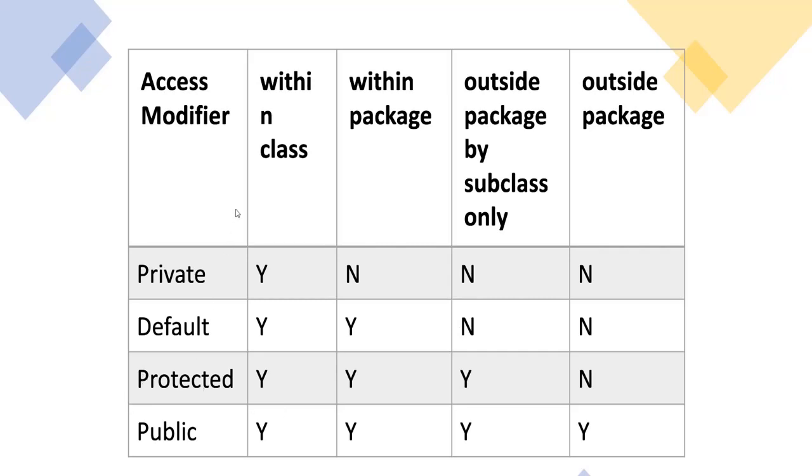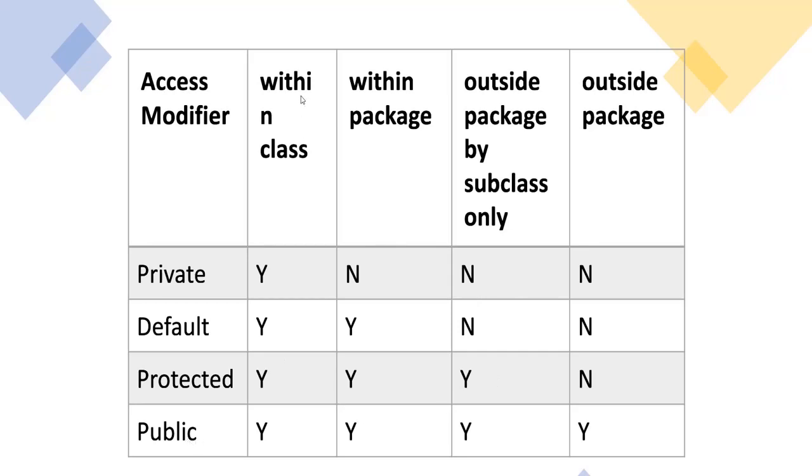In the case of protected, it is accessible within the class and within the package also, but outside the package it is not accessible unless achieved by creating inheritance of it. Inheritance in the sense that we have to extend the class which we want to access.